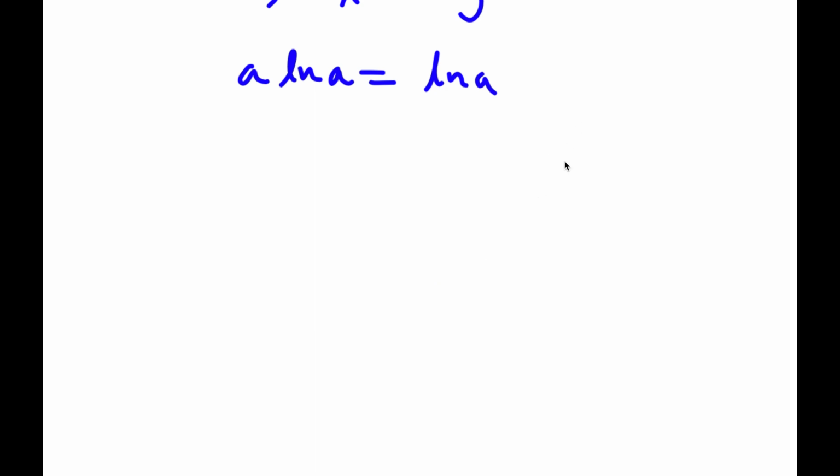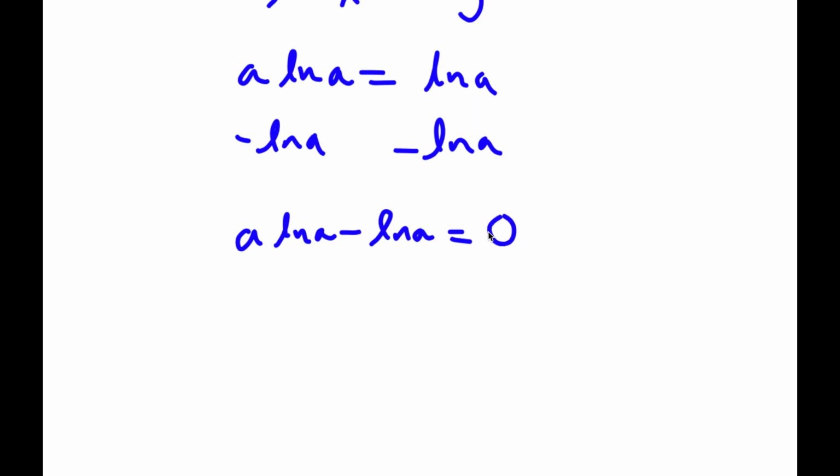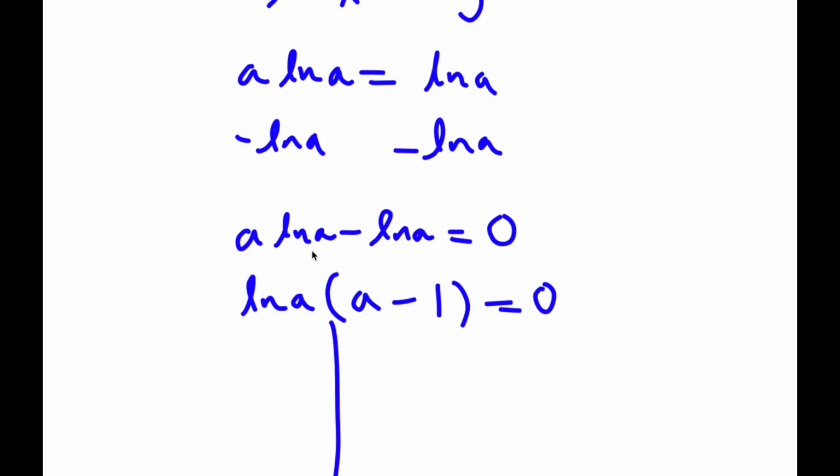Now I'm going to subtract ln a on both sides. So now I have a times ln a minus ln a is equal to 0. And now if I factor out ln a, I get ln a times a minus 1 is equal to 0. So now this gives me two equations.